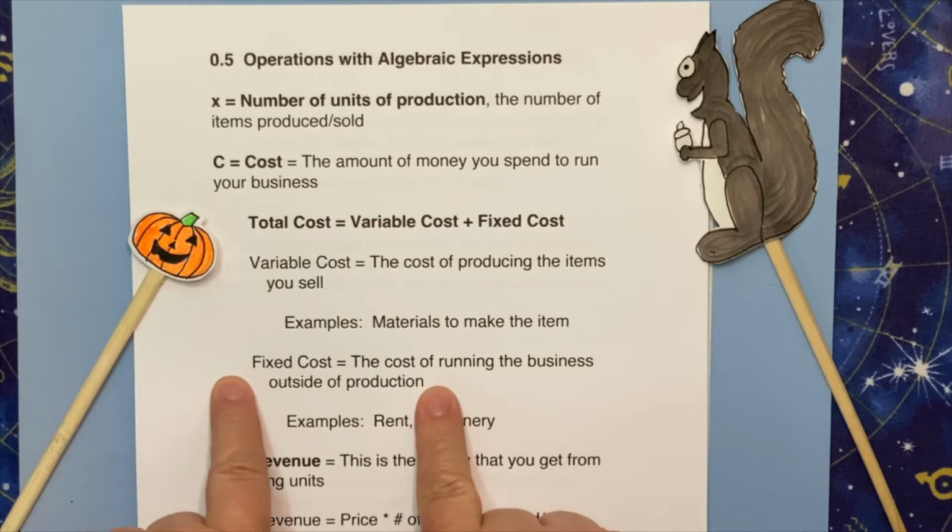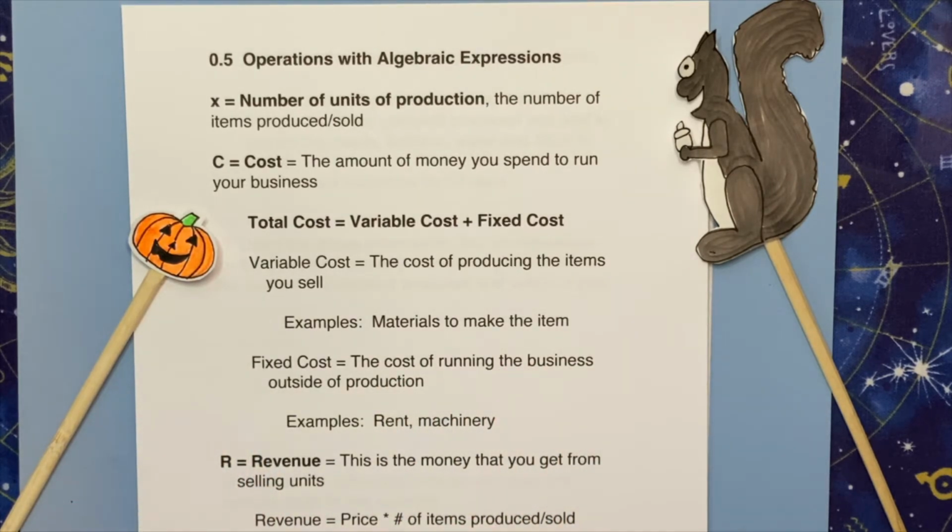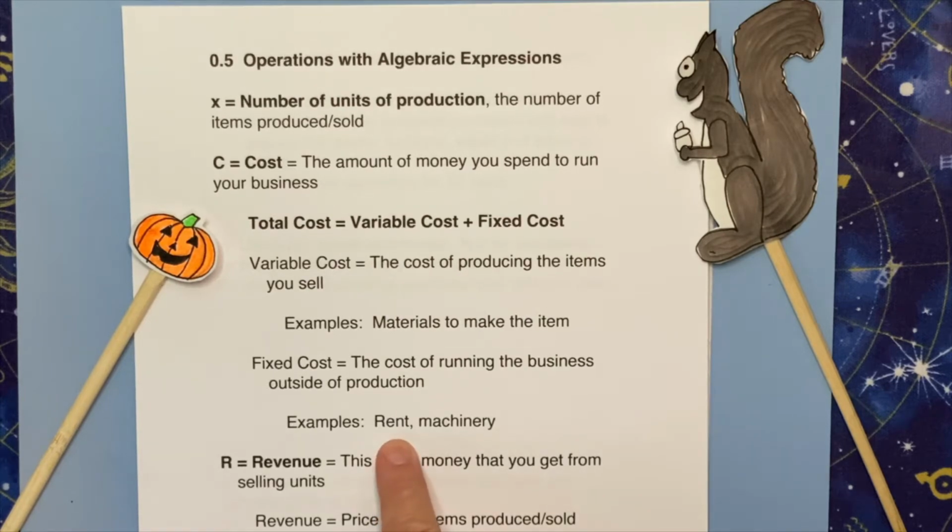The fixed cost is the cost of running the business outside of production. These are the costs that you incur as a business regardless of how many things you make. For example, rent. You're going to have to pay rent whether you make a bunch of something or you make nothing. Once you sign the contract, you have to pay the rent or the lease on the space you're going to use.